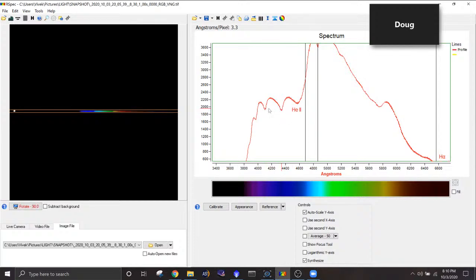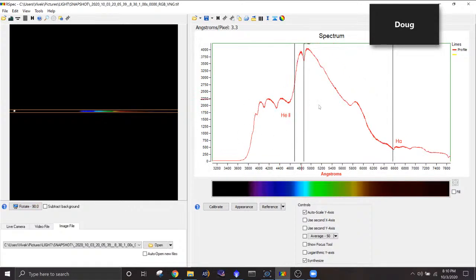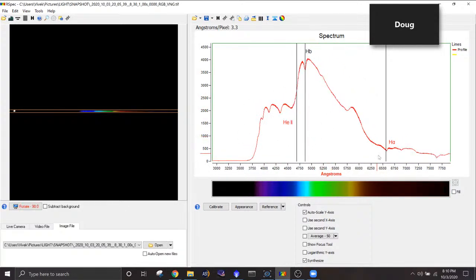I think these are more metallic ones. In general, a lot of the lines of metals like iron or calcium tend to be more around the violet blue region, so that's probably what these are. But generally, the ones that are most identifiable are the ones from hydrogen, because stars are made up of mostly hydrogen.